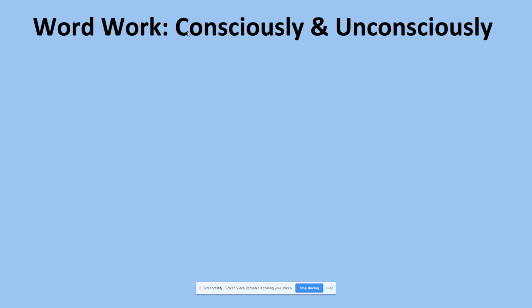So to yourself and with me, say the word consciously, unconsciously, consciously, unconsciously. Notice the prefix un. That's going to help change the meaning of consciously whenever we add the un for unconsciously.